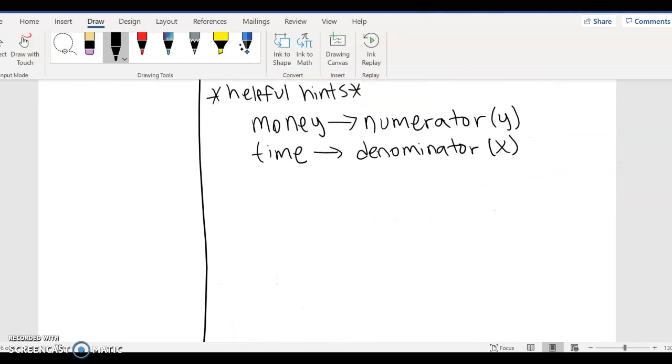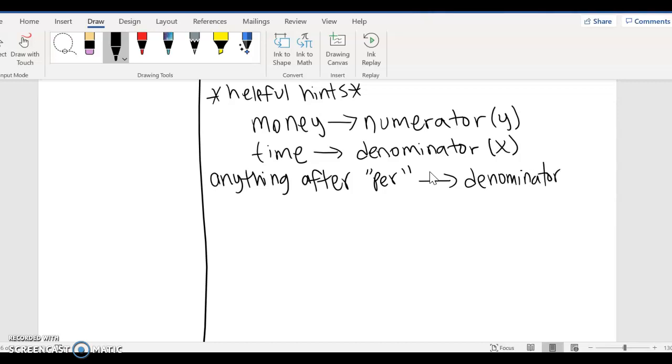Another helpful hint that's going to come in handy for our next example: anything after the word per in your sentence is also going to be our denominator, or our x value. Sometimes not every problem is talking about money or has a measurement of time, but most of them will have the word per, so that will help you know which one is x and which one is y.